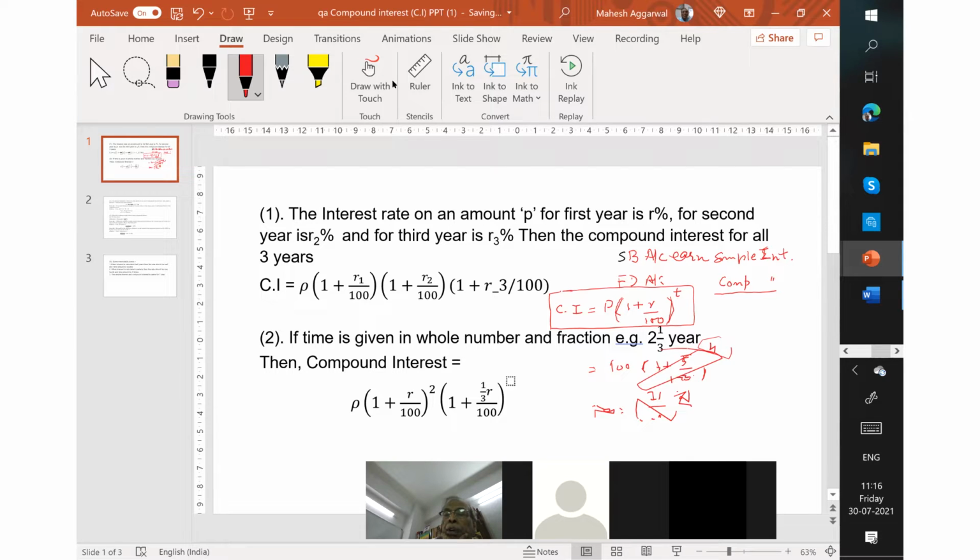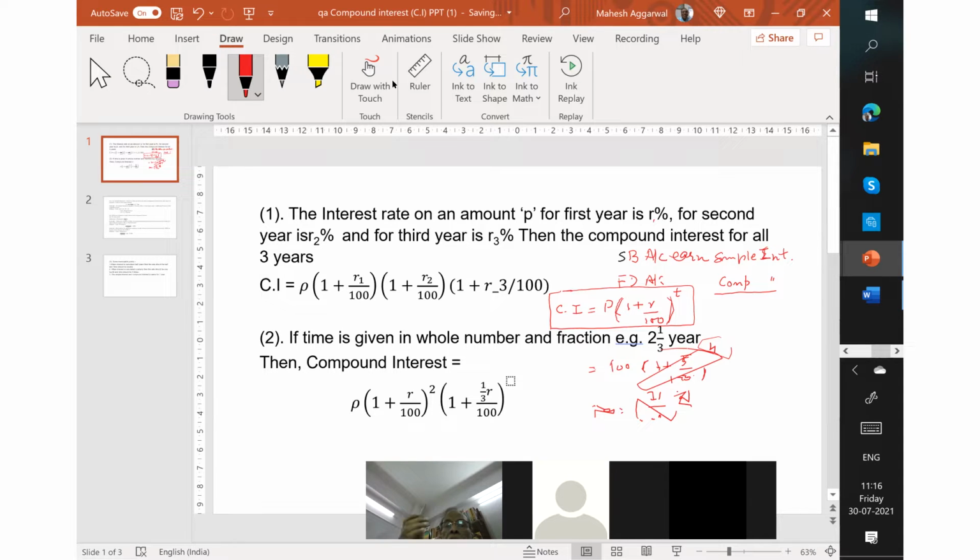This is simple when the rate of interest is fixed. Suppose it is for 4 years and the interest rate remains 5% throughout, then you use this formula as I have shown. But it also happens sometimes that interest rates in banks keep on changing. First year, it may be R1%. Second year, it is not R1, it is R2%.